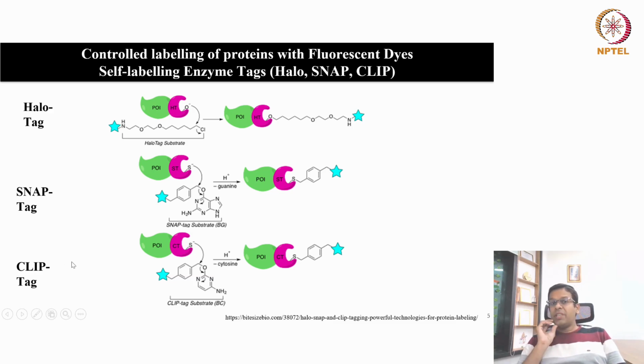So let's say if you want to do 3 color imaging simultaneously, then protein 1 can be C terminally fused with halotag, protein 2 can be C terminally fused with a snap tag, and protein 3 can be C terminally fused with a clip tag. And for all 3 tags, the fluorescent ligands are available commercially. So those fluorescent dyes you have to buy in different colors. Let's say one dye you buy in magenta, another dye you buy in red color, and the third dye you buy in green color. And for 3 different proteins using 3 different colored dyes, you can track them simultaneously in the same cell.